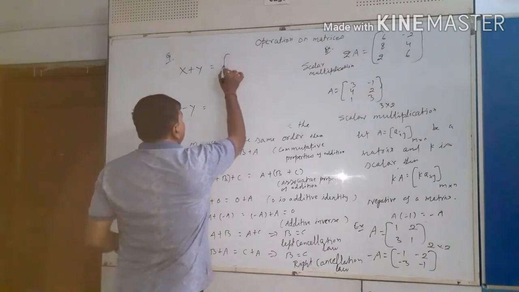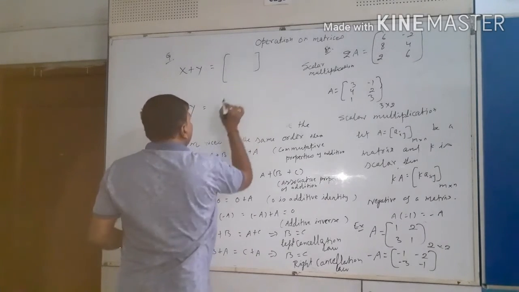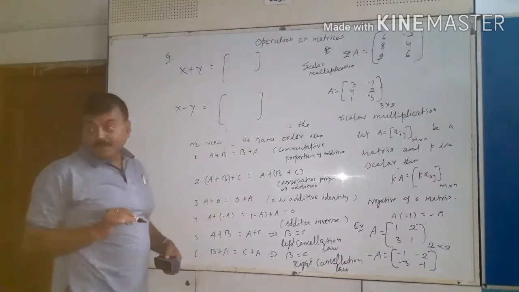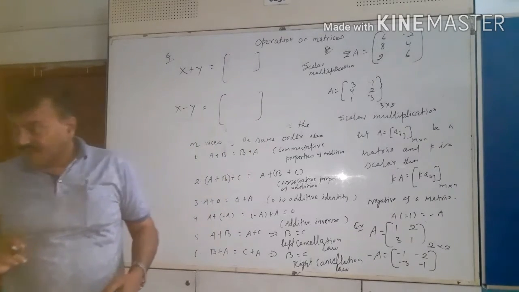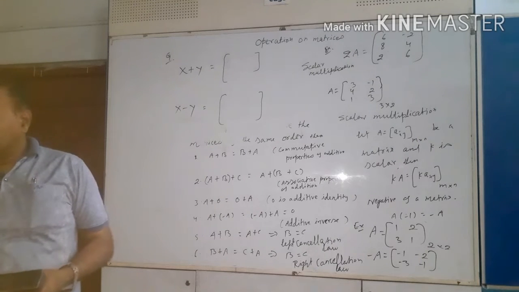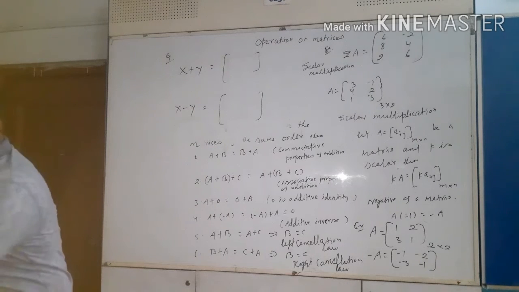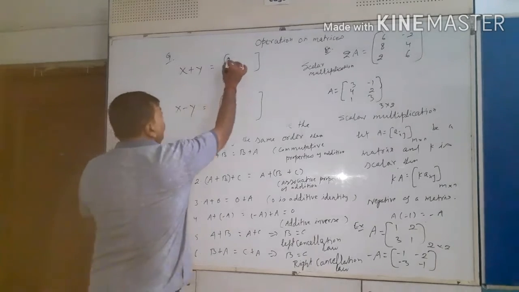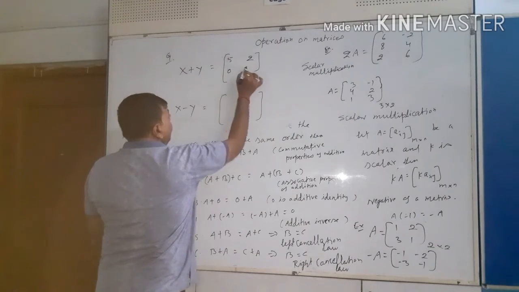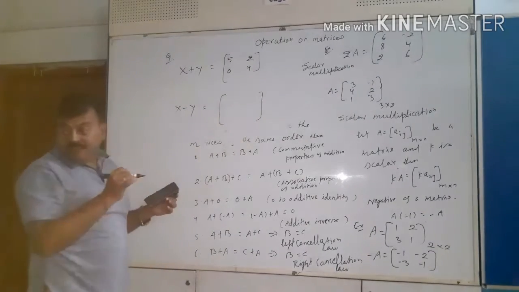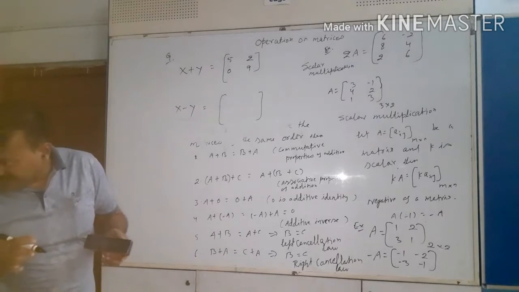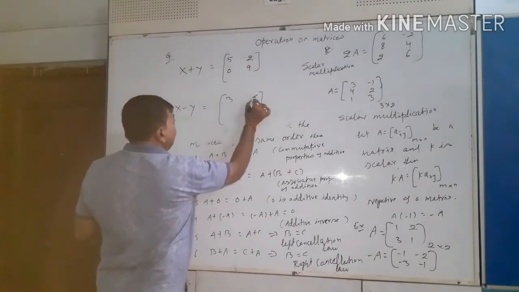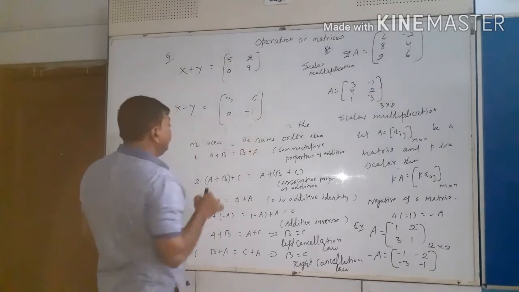X plus y equals 5, 2, 0, 9, and x minus y equals 3, 6, 0, minus 1.